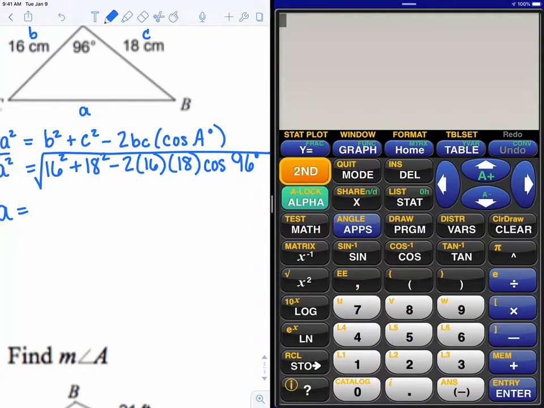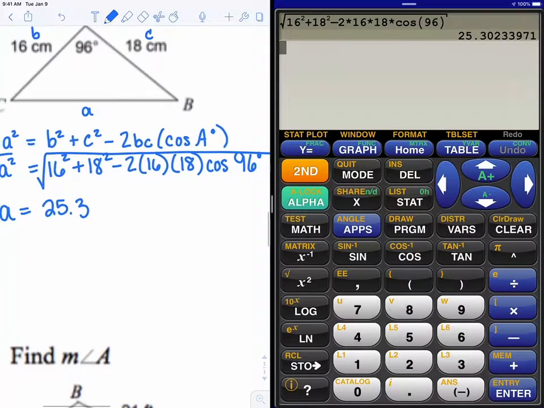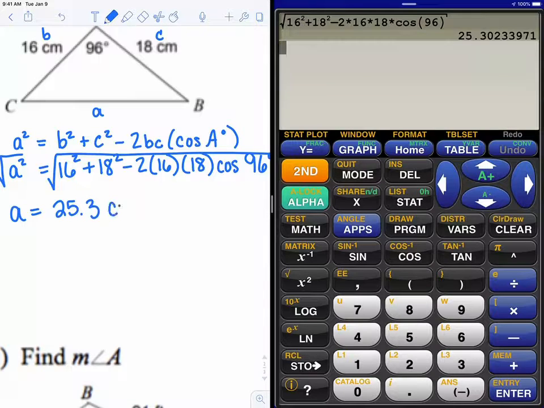I'll type this in my calculator as it is: the square root of 16 squared plus 18 squared minus 2 times 16 times 18 times the cosine of 96 degrees. Press enter. You should get 25.3. If you didn't, start over. Follow the steps of what I'm typing into the calculator and try it again. It's 25.3 centimeters.